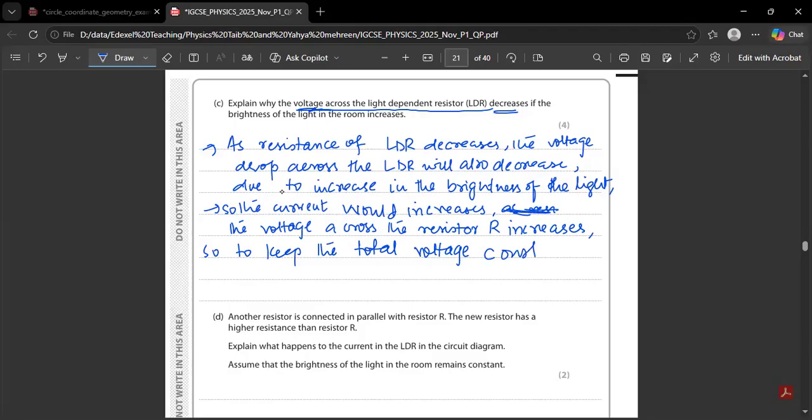See, this is a 4-mark question. We have to include all the points, right?